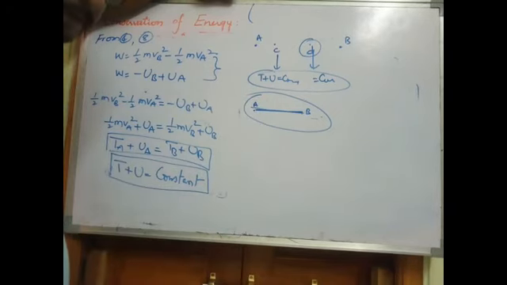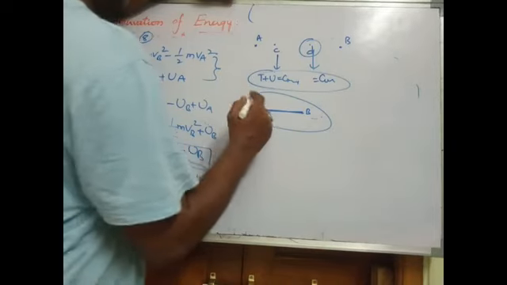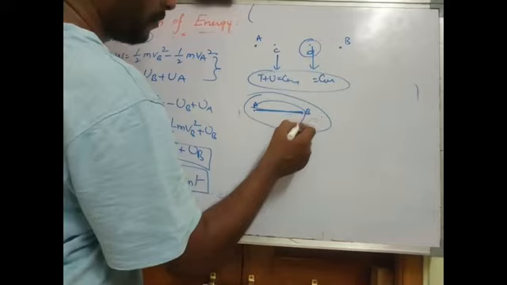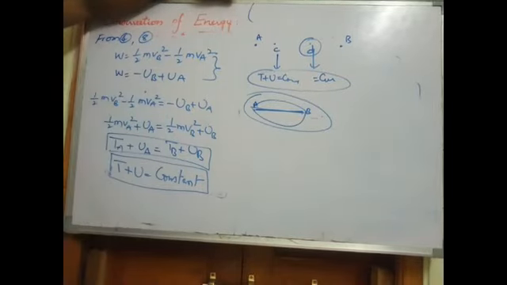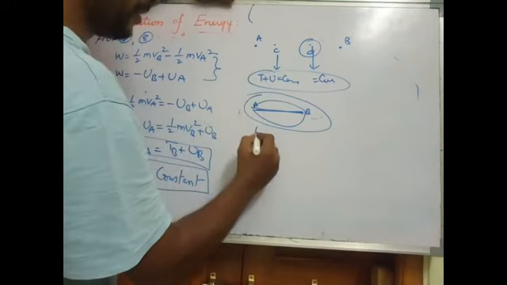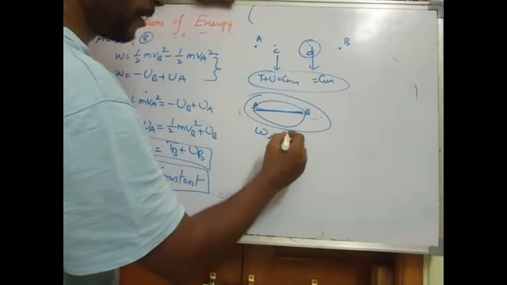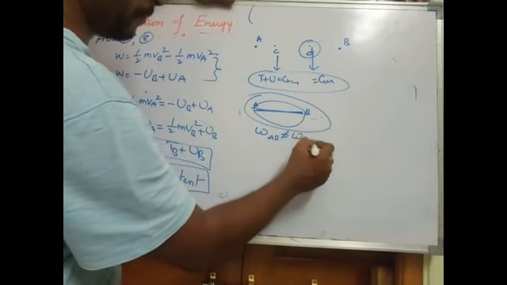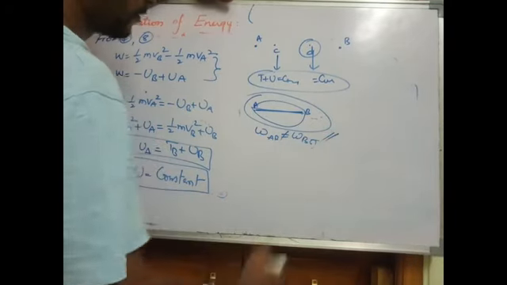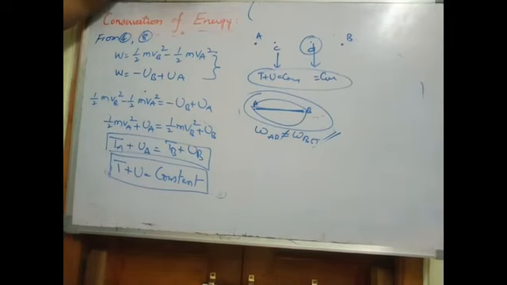If it is a non-conservative field, the energy required to move from A to B may not be equal to that required to move from B to A. So WAB may not be equal to WBA. So this is all about conservation of energy.